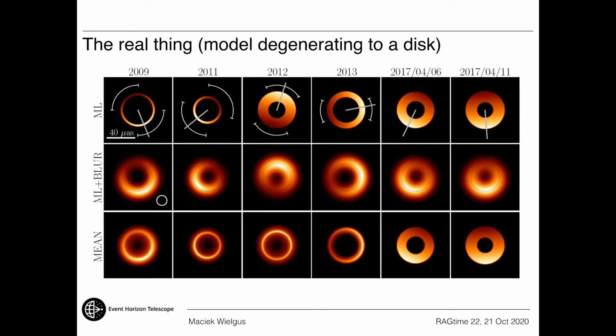This is the results of fitting to the actual data. What I plotted here are the uncertainties in the position angle. You see that those uncertainties are large. Not only are they large, our data do not allow us to break the degeneracy between the orientation and orientation plus 180 degrees.